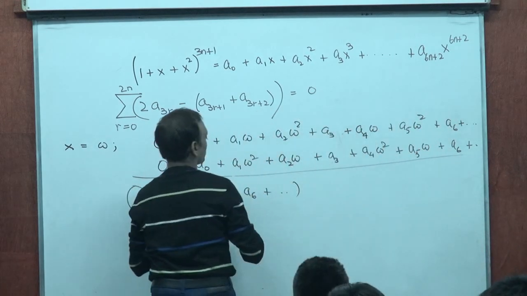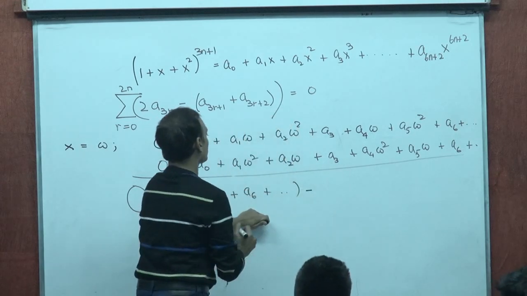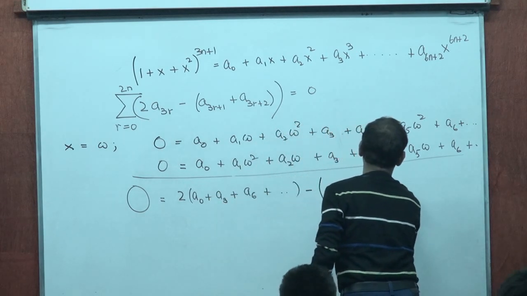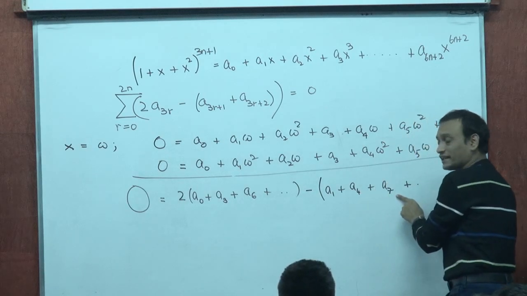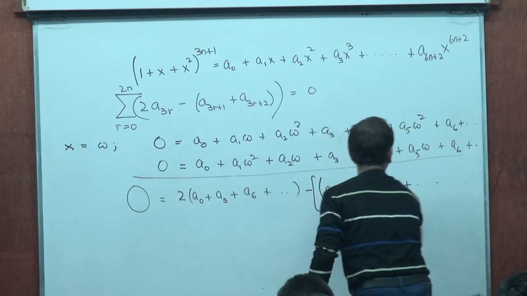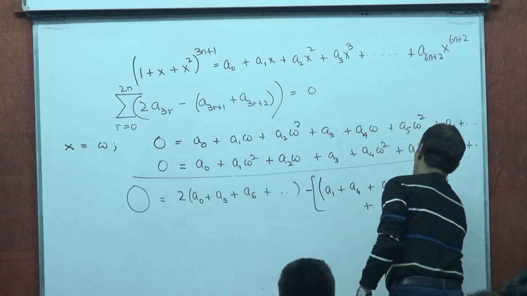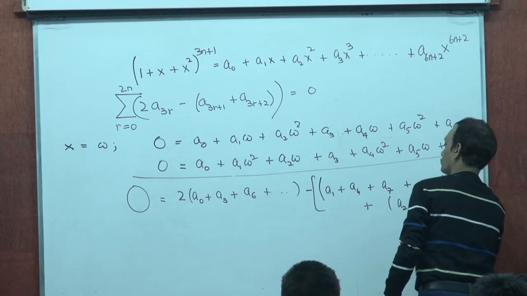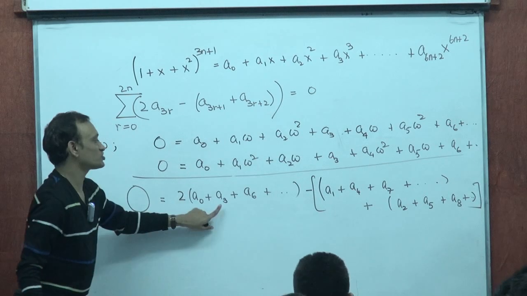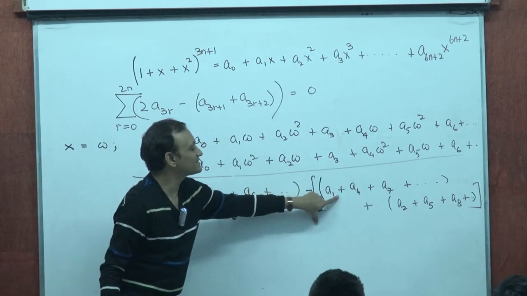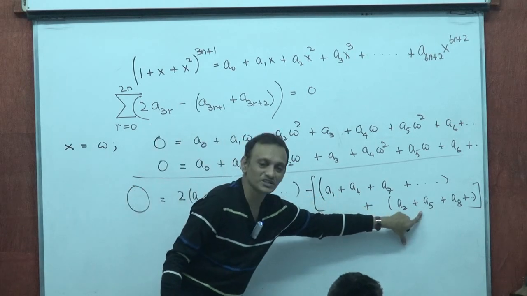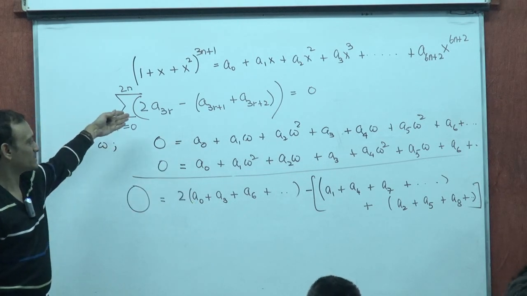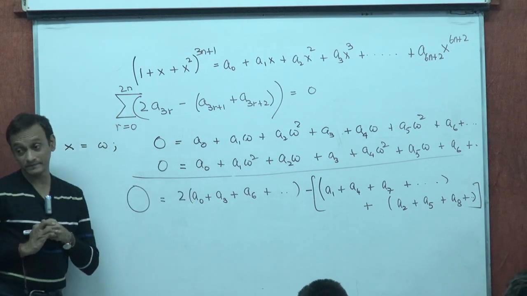So then when you club them together, you will have minus a1 plus a4 plus a7, which are all 3k plus 1, etc. And then you will have a2 plus a5, which are all 3k plus 2, kind of a thing. So this is twice summation a3r minus summation a3r plus 1 minus summation a3r plus 2, r runs from 0 to n, etc. That's 0, which is what this is.